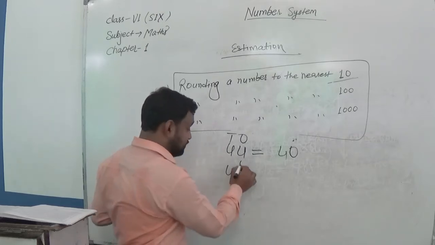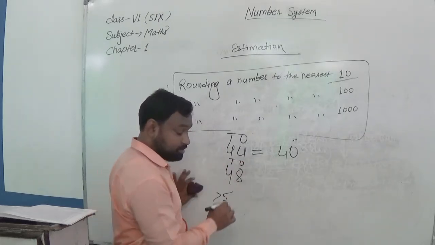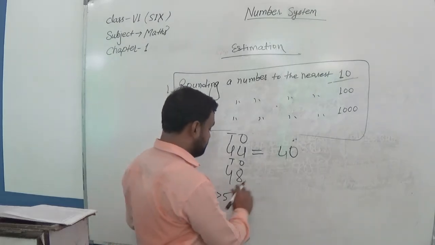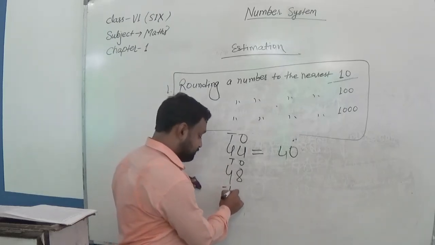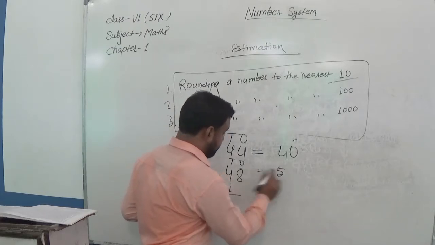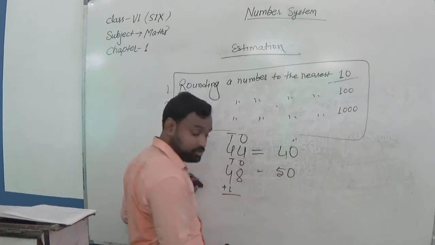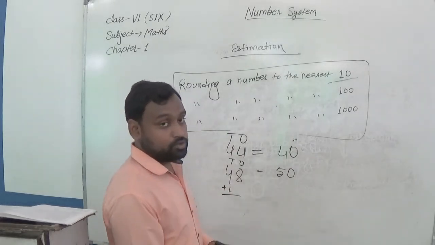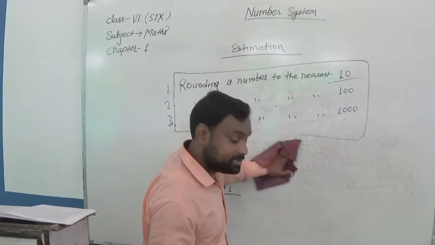When the digit at the ones place is greater than 5, in that case we have to increase the digit at the tens place by 1. It will become 4 plus 1, 5, and 8 will be replaced with 0. Okay, this is the way to round off to the nearest 10.